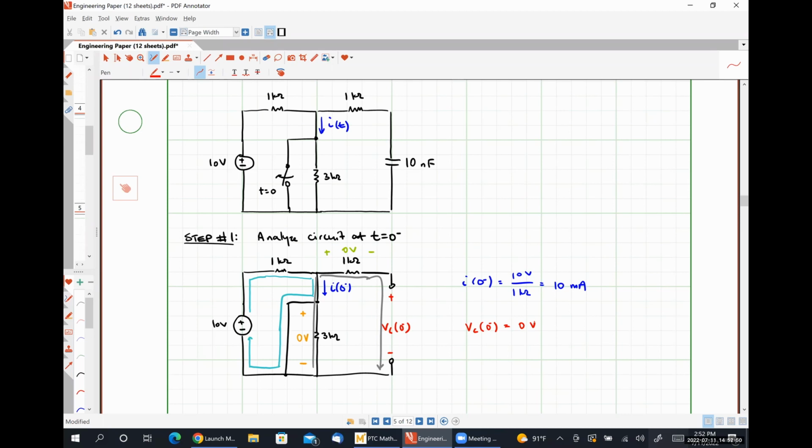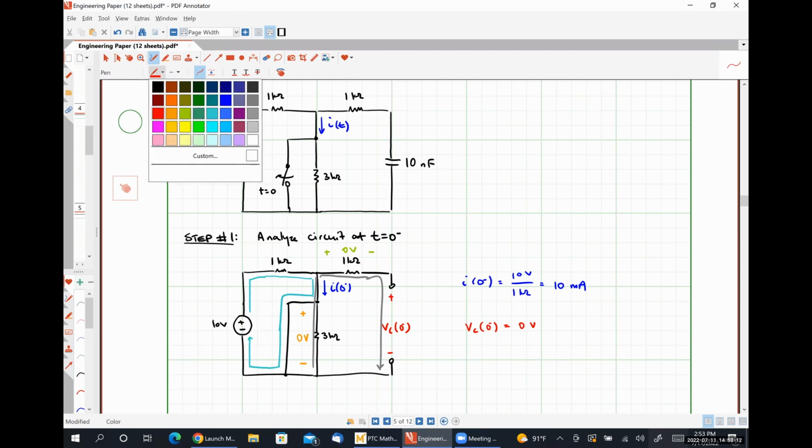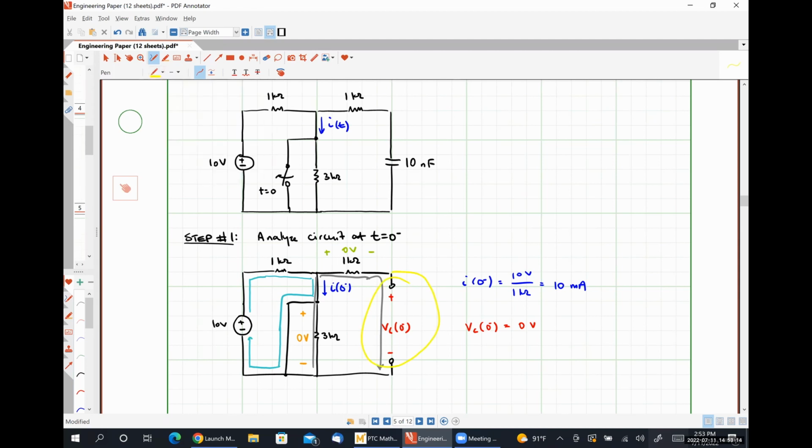Why doesn't I go through this? By the second 1 kilo ohm resistor, you mean the one on the right, Sydney? So the 1 kilo ohm resistor on the right isn't part of a closed current carrying loop because of the open circuit right here. Right? Our capacitor behaves like an open circuit during DC steady state conditions.